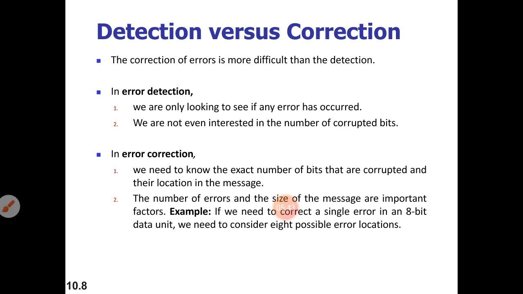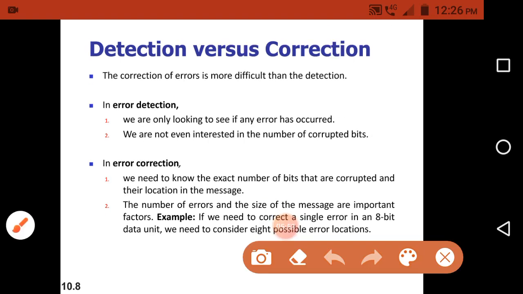Here the correction of error is more difficult than the error detection. Why is correction more difficult than error detection? First we will discuss what error detection is. In error detection, we can only look to see if any error has occurred.